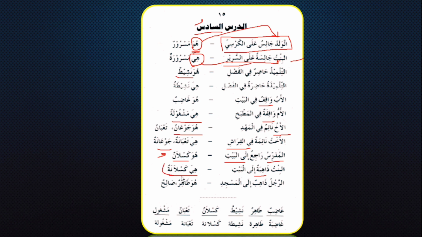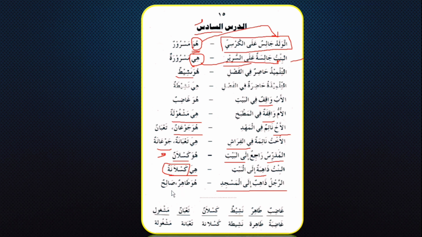So with muannas we can use tanween, but with muzakkar we cannot. So we can say kaslanatun, ta'banatun, jaw'anatun. But when it is a muzakkar without the rounded ta, we have to use only one dhamma. Then the last one is ar-rajulu zahibun ilal masjidi. The man is going to the mosque, to the masjid.